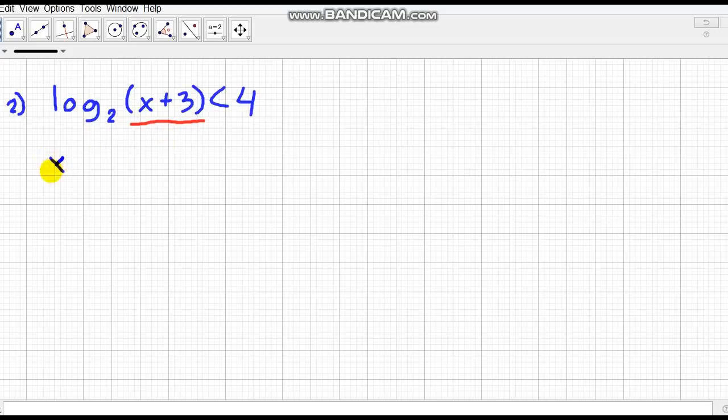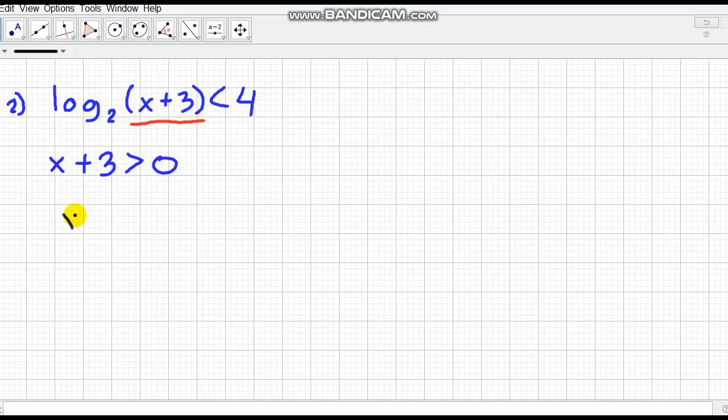We have to have x plus 3 is greater than 0. We have to know the values of x first. That will ensure that this argument here will be a positive number. So that's what we have to do first before we solve for the logarithmic inequality. So we have x plus 3 is greater than 0 because the argument cannot be equal to 0 nor less than that.